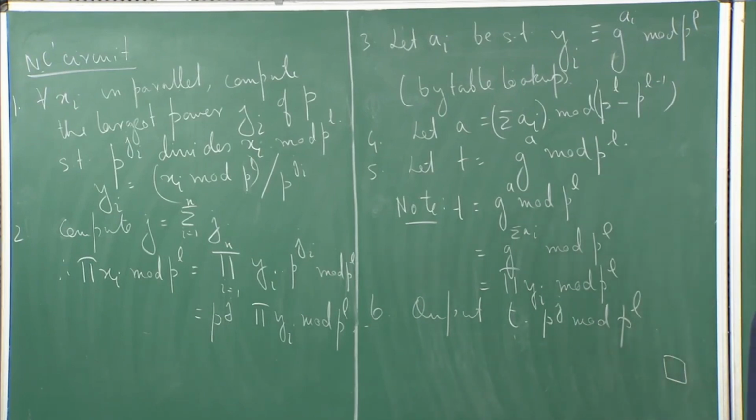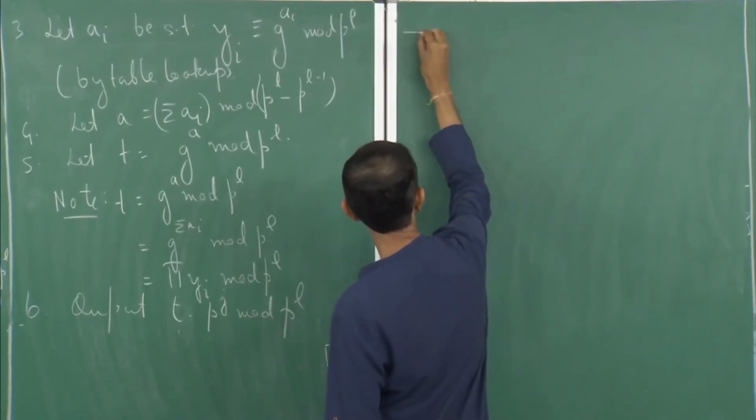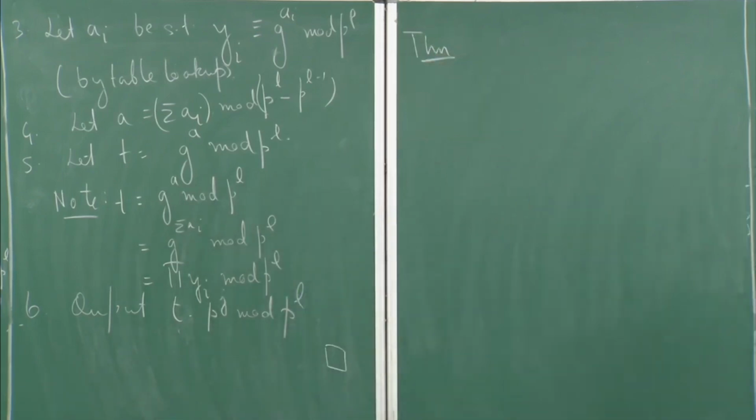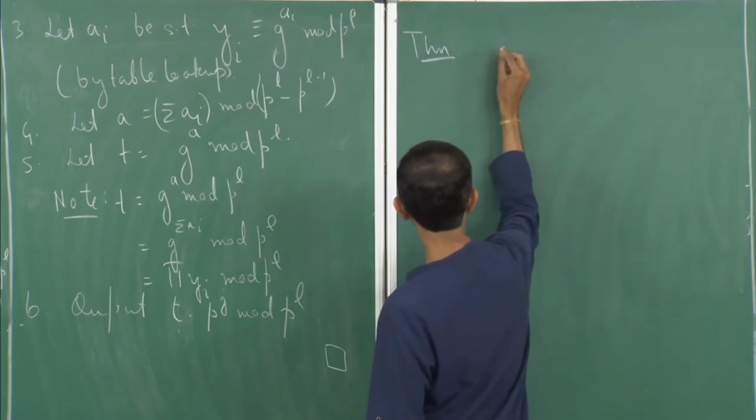Before getting to that, let me state one more exercise for you, or let me state it as a theorem and you can verify the details as an exercise. This is something that is not difficult to see.